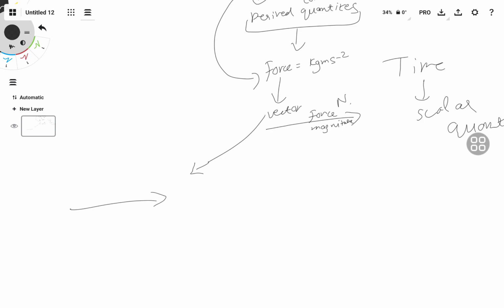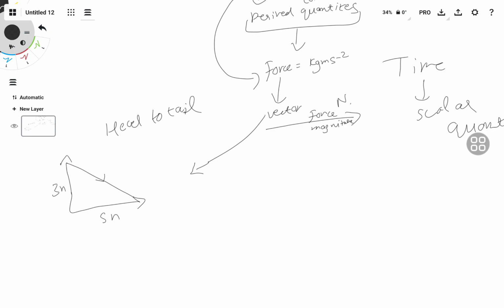Vector quantities act in a direction, so you can have two different quantities like this. We will use the head to tail rule to find the resultant, which is basically how much total force acts that isn't zero. So 5 Newton, 3 Newton. Head to tail: the head of the first, the tail of the second.